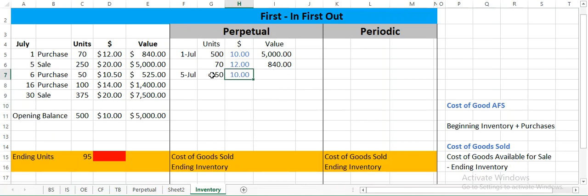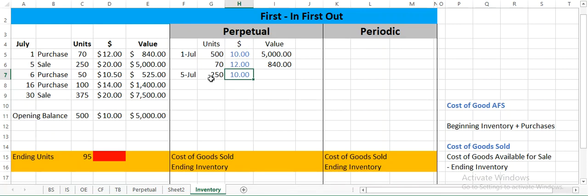We have to take into consideration how much was purchased at that price. Technically, if this was 200 units at $10, I can't say that we sold 250 units at $10 because there were only 200 purchased. All of that we have to keep in consideration as we're determining the cost. The cost is only based on the amount that's sold.